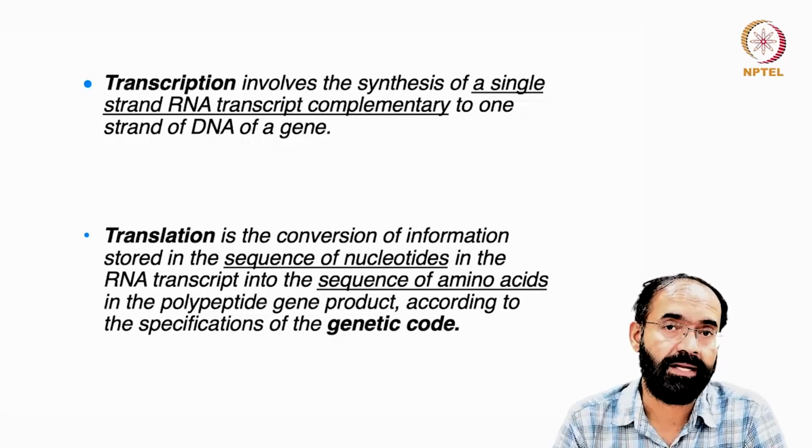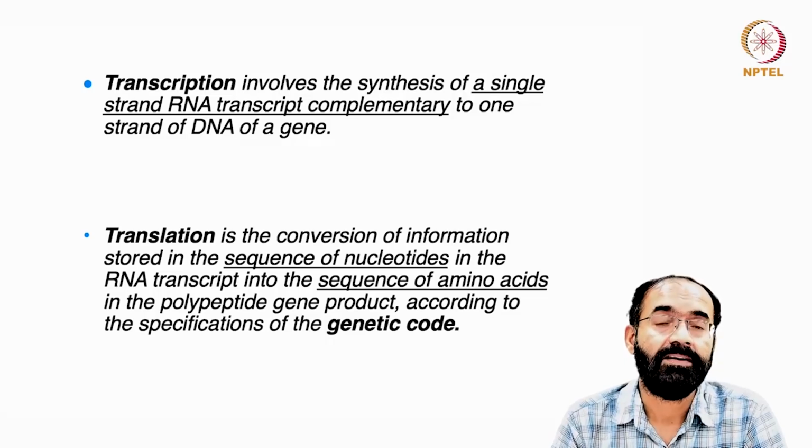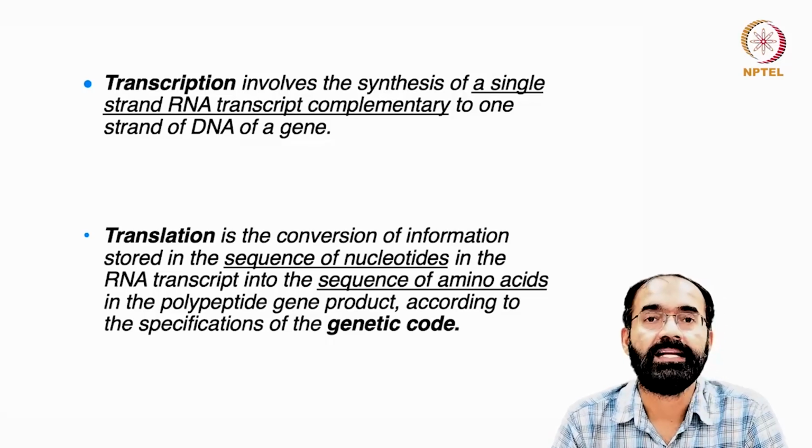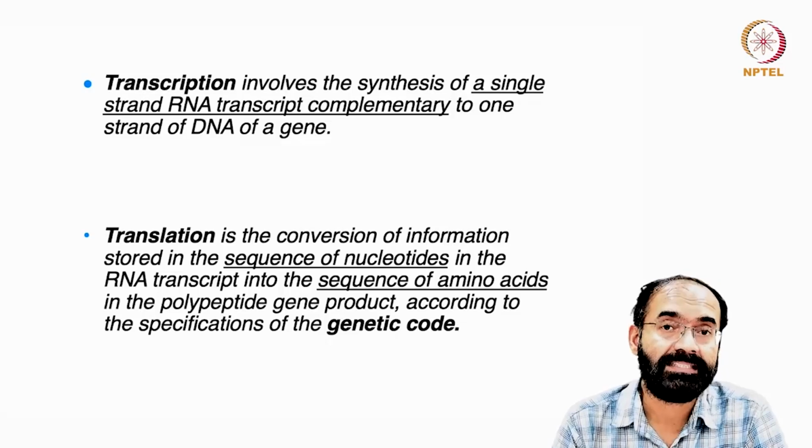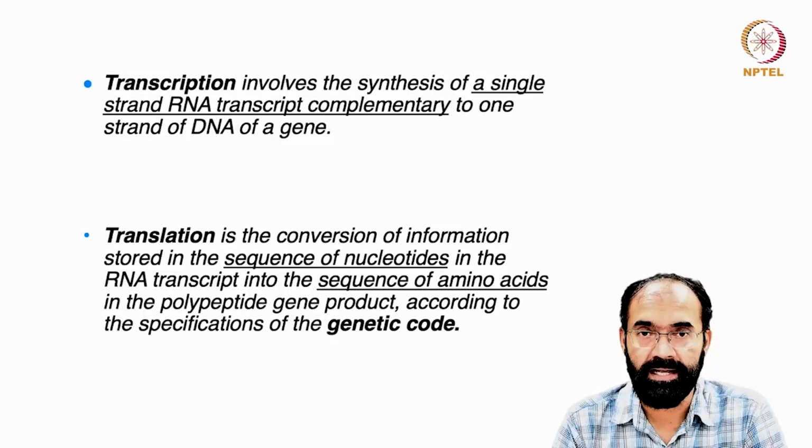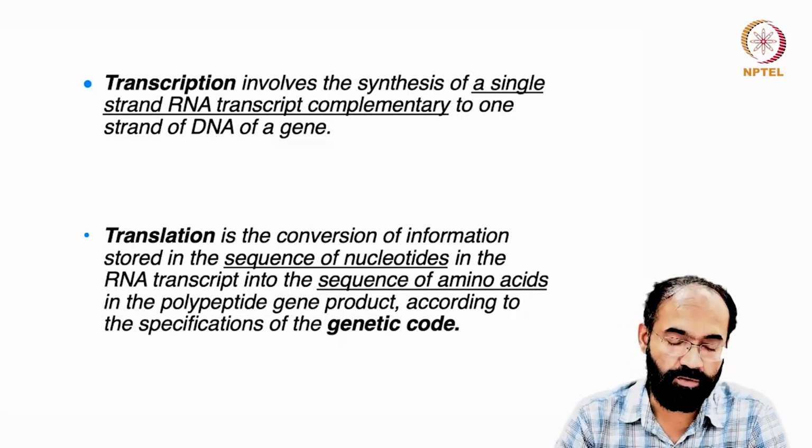The antisense strand is the template strand, so that when acting as a template, it can give rise to an exact copy of the sense strand in the form of RNA. So this idea should be clear in your mind.